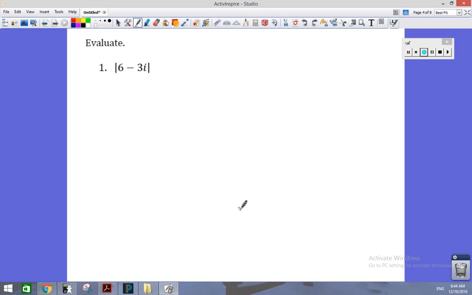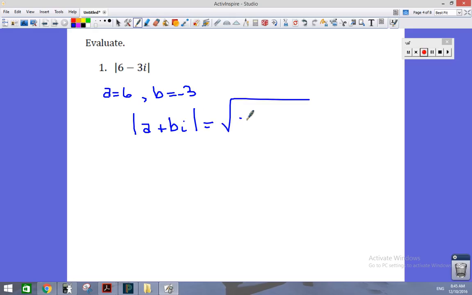We've got this complex number, 6 minus 3i. Let's identify a, identify b, and use the formula: the absolute value of a plus bi is equal to the square root of a squared plus b squared.